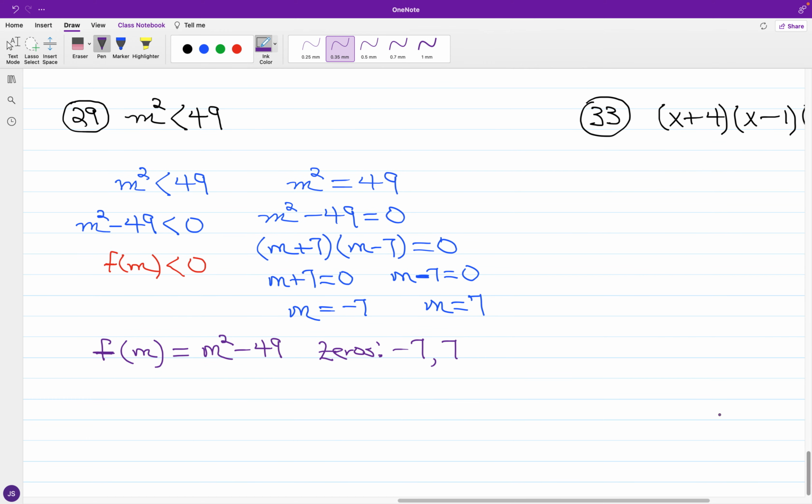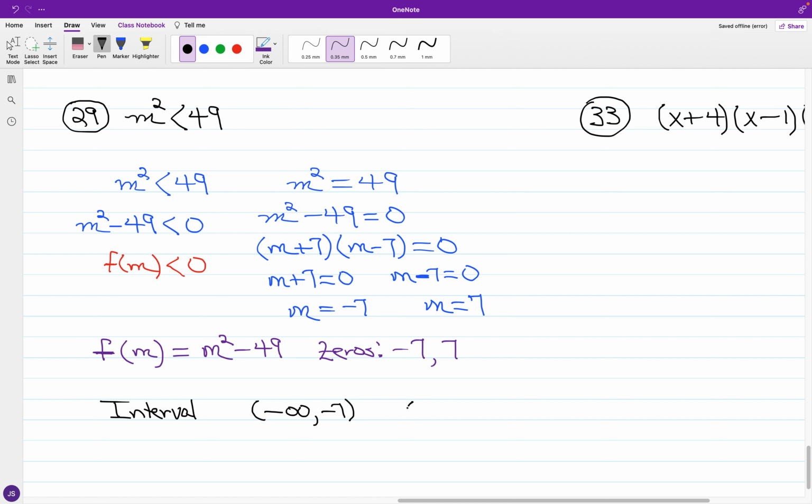And so upon establishing a table of intervals, for the intervals case, at the smallest end, you have those values less than negative 7.